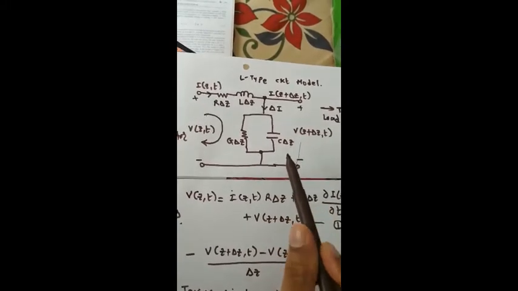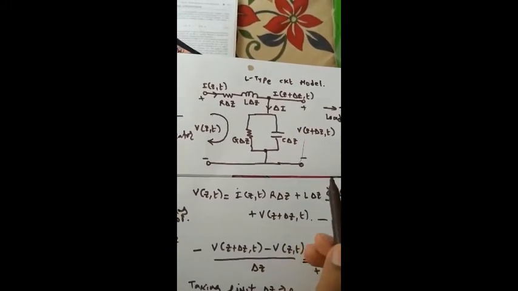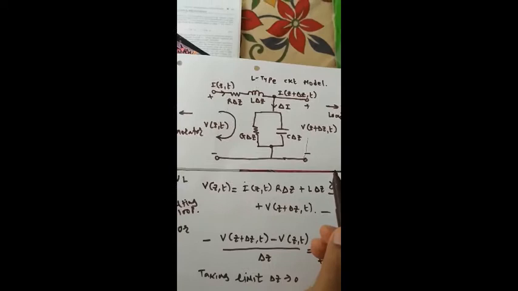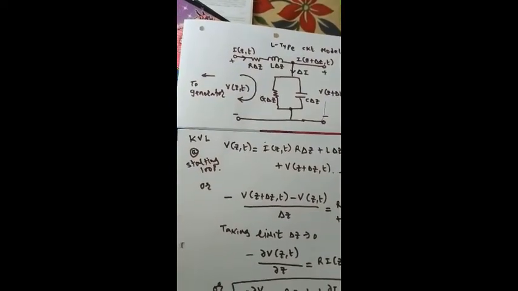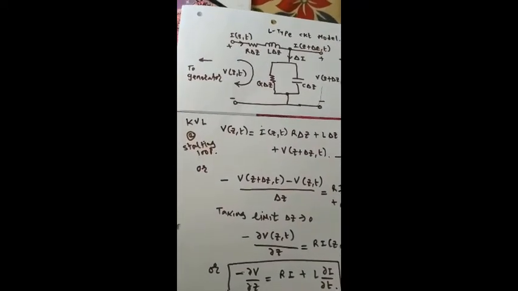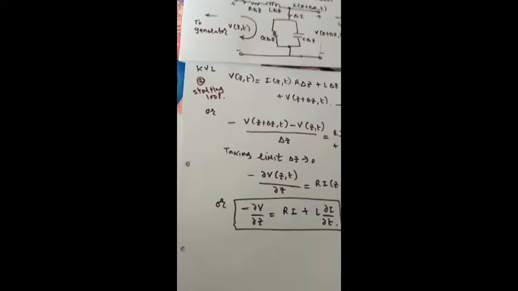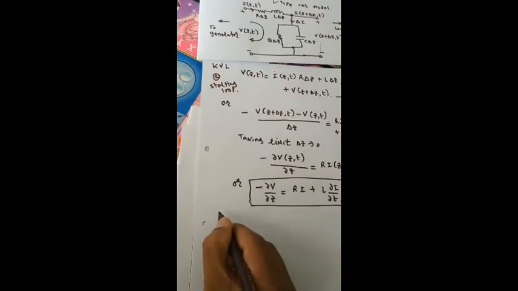So delta I is the current which is flowing through this branch. Now let us get the equation of that KCL.